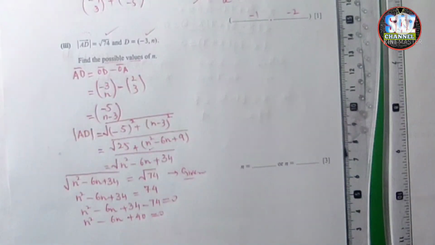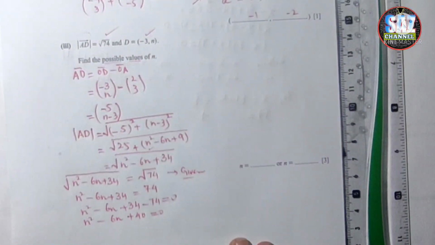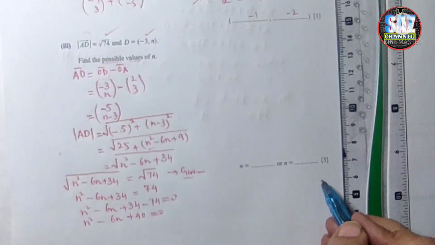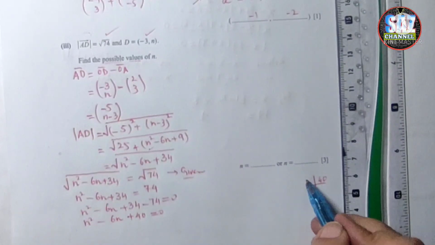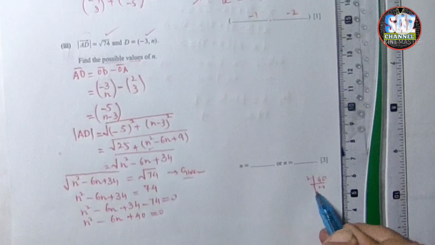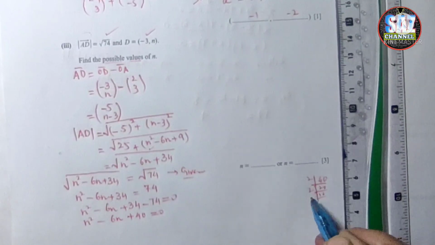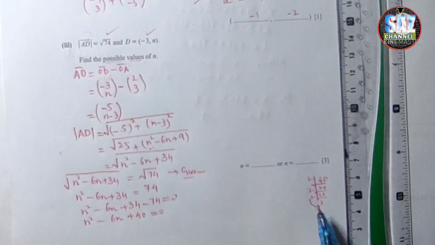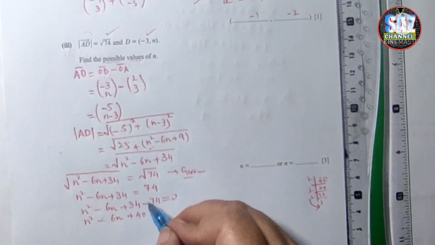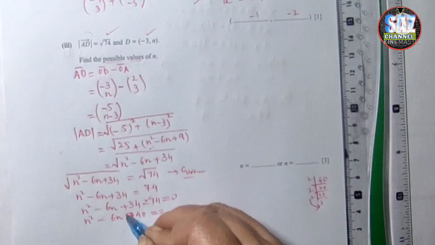Again, a quadratic equation, and now we have to decide how we can solve this quadratic equation in order to get the roots. Either I can apply the hit and trial method, or we can go for the quadratic formula. 40 is 2 times 20, 4 times 10, 8 times 5, and I have to set the factors in such a way that when I'm adding or subtracting, I can get minus 6, and when I'm multiplying, I get minus 40. It has a negative sign, so 40 will be negative.